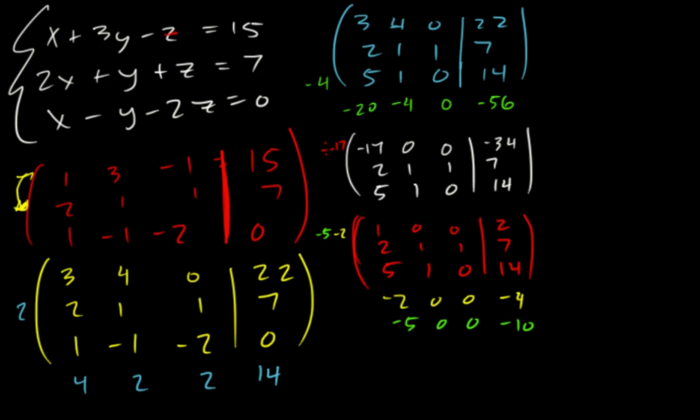Okay, so the top row stays the same. I'm going to add this yellow one to the second row. Then I'm going to add this to this row. Okay, and the last thing is we just need to make this one into a 0.